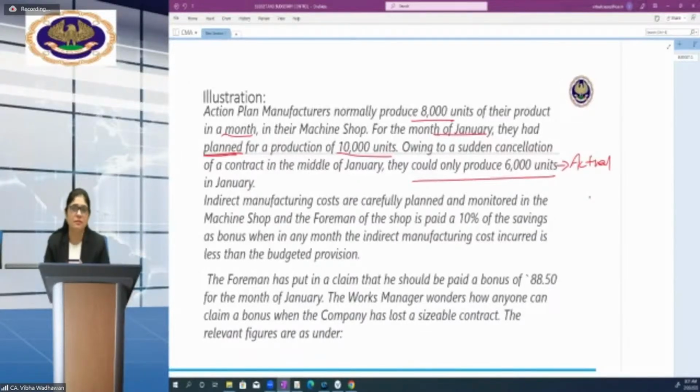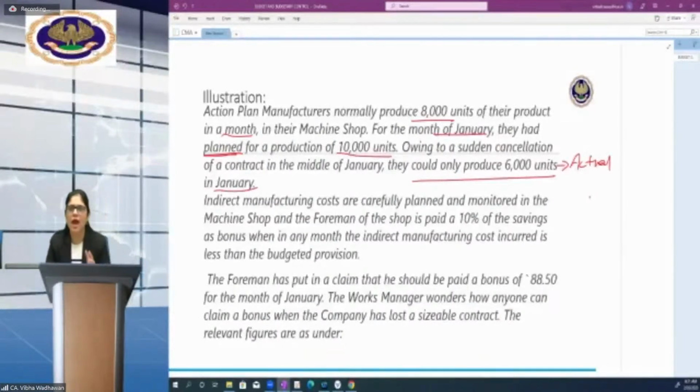All right. See how we have to relate. 8,000 is what we normally were producing, and they must have made the budget for 10,000 because they planned that now it can be increased to 10,000. But the actual, due to some problem in the cancellation, they actually produced 6,000 units only in January.